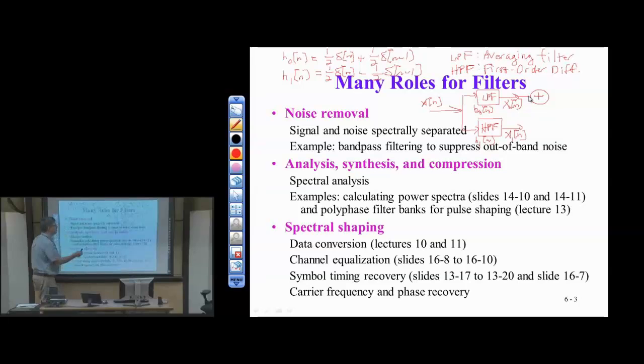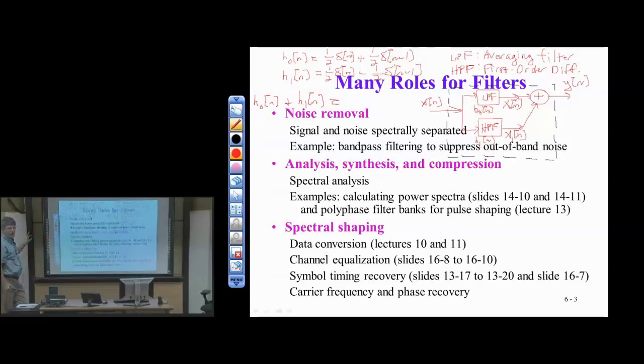And what happens is the impulse responses will add, and if you add the 2 together, take H0 of n plus H1 of n, we get nothing but the discrete time impulse. The versions that were shifted by 1 subtract out. Now we can also get away with subtracting the 2 if we wished.